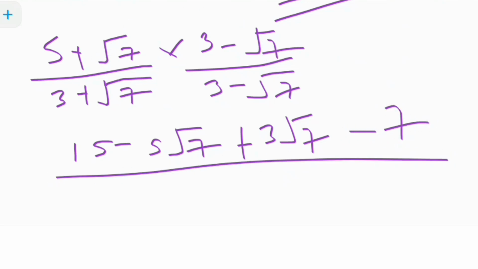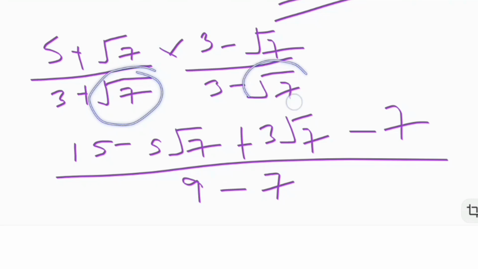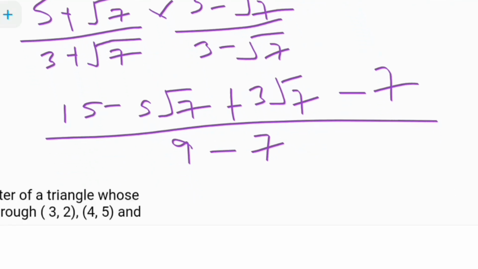You are dividing by 3 times 3, which is 9, minus root 7 times root 7, that's 7. This is a difference of two squares, so you don't need to expand everything. Just do the first one: 3 times 3, 9. Write minus in the middle there. Then do root 7 times root 7. So you don't need to stress yourself. Then just finish this up.